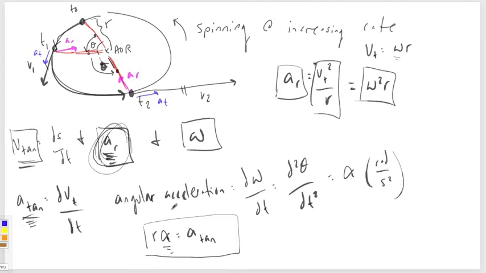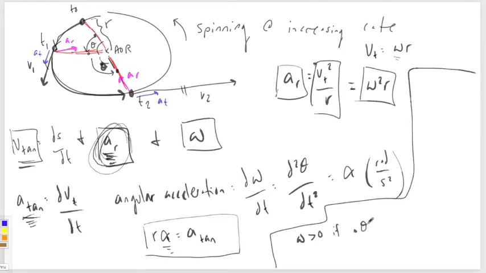Let me talk to you real quick about direction conventions. So typically we say that omega will be greater than 0 if my angle change is greater than 0, defined based on the unit circle.